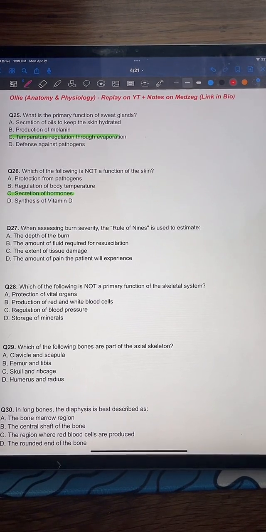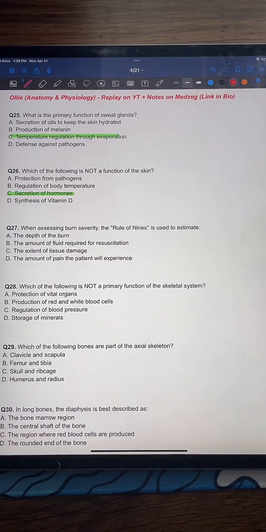It occurs in glands like the pituitary, thyroid, and adrenal. The skin does not produce or secrete hormones. But all of the rest of the functions apply. It protects us from pathogens, it's our first layer of defense. Regulation of body temperature we just talked about, and the synthesis of vitamin D is also a function. We produce vitamin D when we are exposed to sunlight.